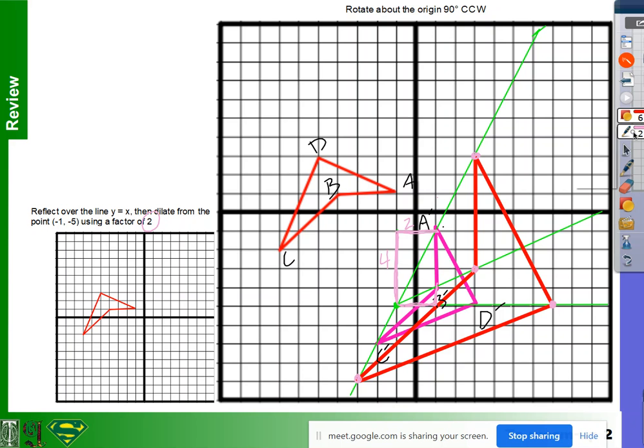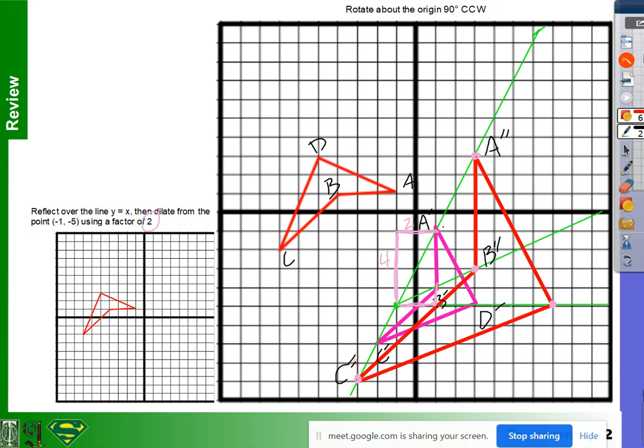Last thing about naming. So if we called this point A prime, what's cooler than a single prime? A double prime. So we're going to call this A double prime. What are we going to call this point right here? B double prime. How about this point way down here?